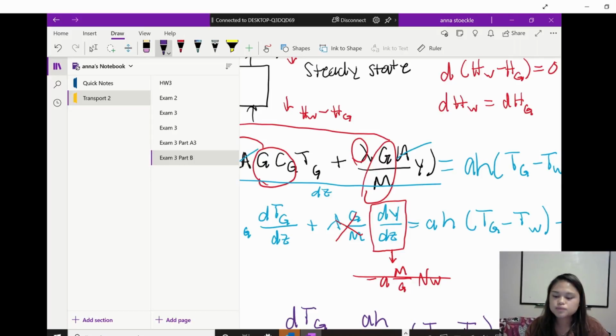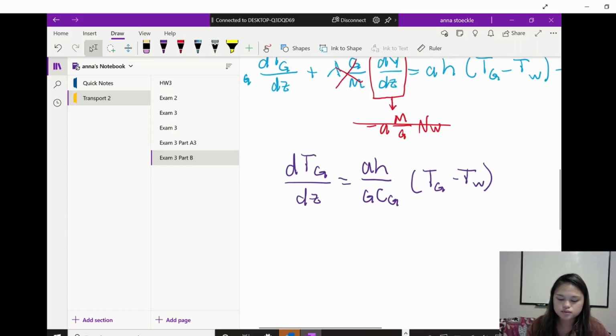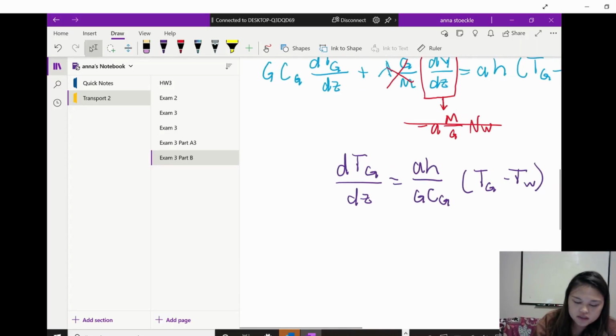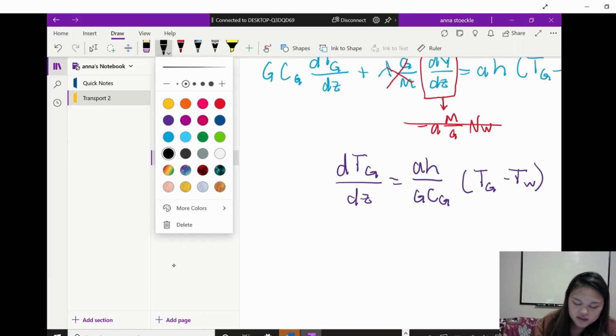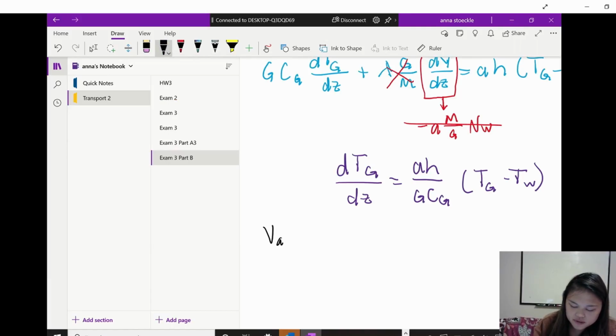So what else do we need from this problem is the real question. So we have the velocity of air, and that's going to be 5 meters per second. So given this quantity, we are able to also find the gas flow rate of air.